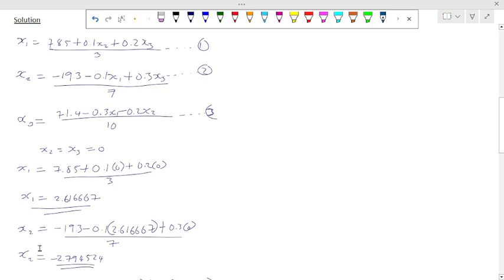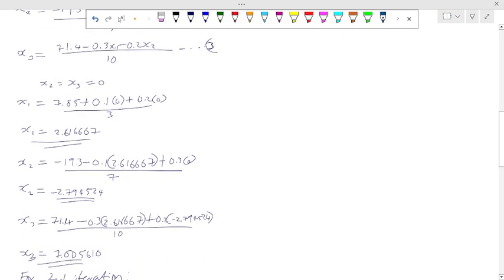Then for x2, we now have x1, and x3 is still 0. Look at the formula: for x1 you put this value there, for x3 you put 0.